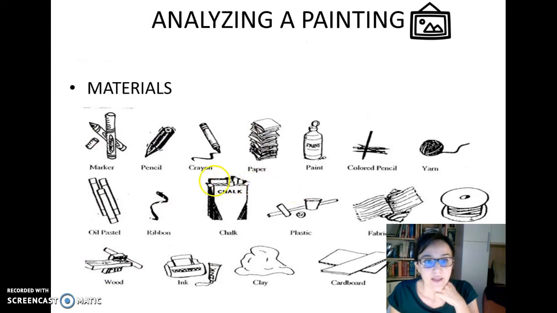Then, you have to talk about materials too. What are the materials used to paint the picture you are looking at? For example, markers, pencils, crayons, colored pencils, yarn, oil pastels, ribbons, chalk, plastic, fabric, wire, wood, ink, clay, cardboard, metal, and so on and so forth.